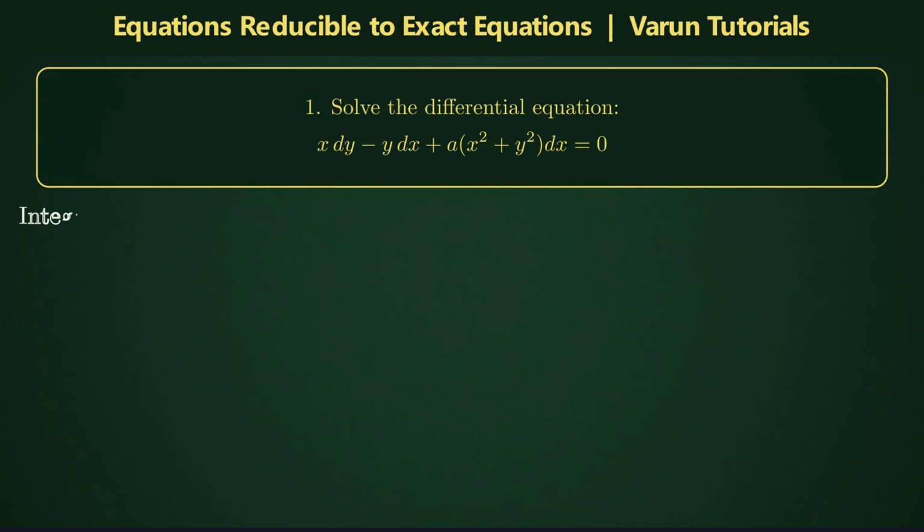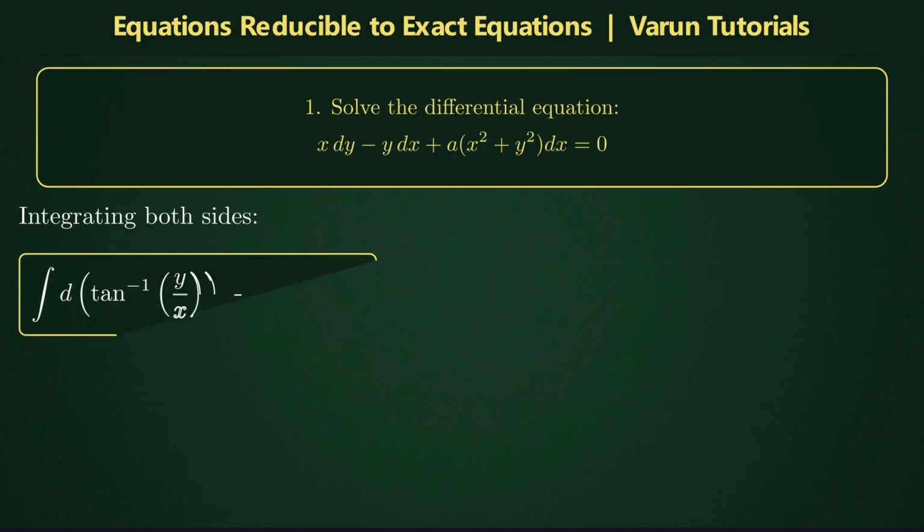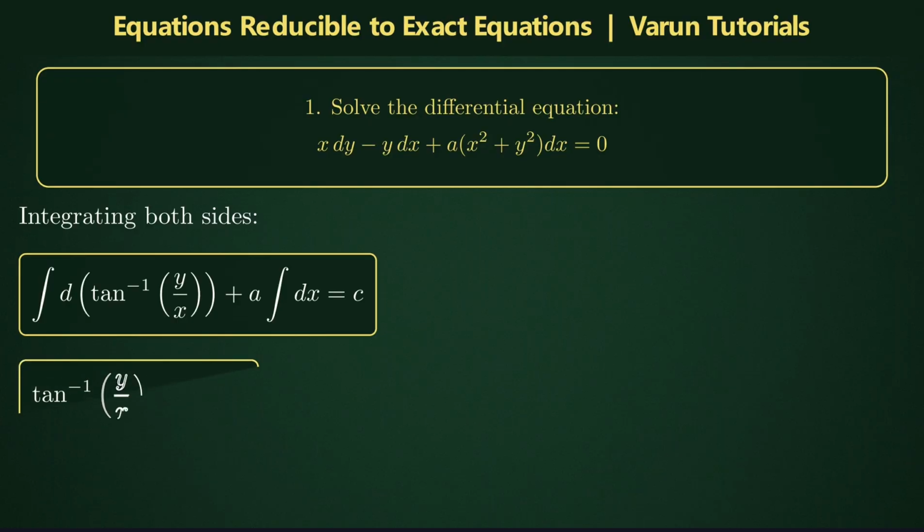Next, we integrate both sides of the equation. Integrating gives, the integral of the differential of inverse tangent of y over x, plus a times the integral of dx, equals c. Evaluating the integrals, we get the final general solution, inverse tangent of y over x, plus ax, equals c.